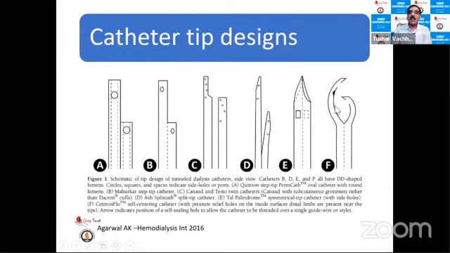I'm not familiar with the market names available in India, but the common ones and the cheaper ones generally have a step tip. There are split tip catheters, and there is a single tip, symmetric tip catheter, in which both the lumens open at the tip.